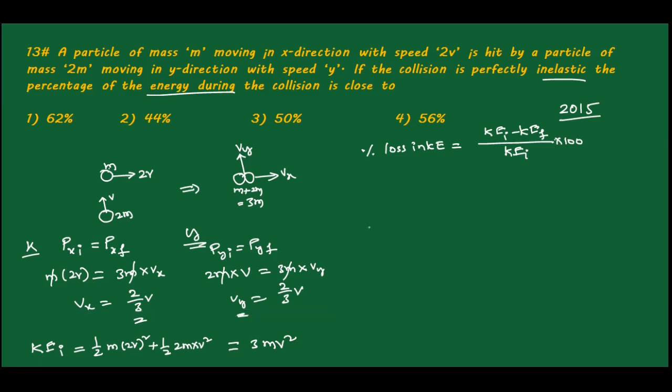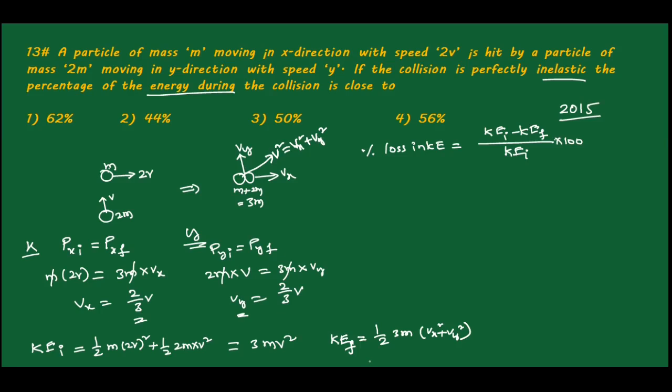Fine. Next, now find out the final kinetic energy. Kinetic energy final is equal to half of 3m times v^2. See here, this is the resultant velocity of these two. Let us take v^2 is equal to vx^2 plus vy^2.